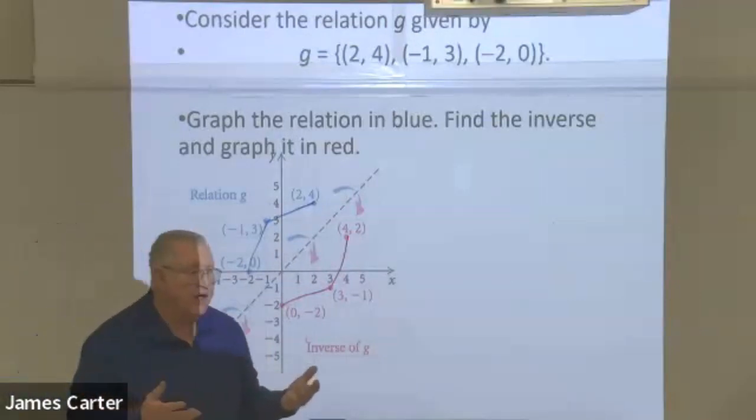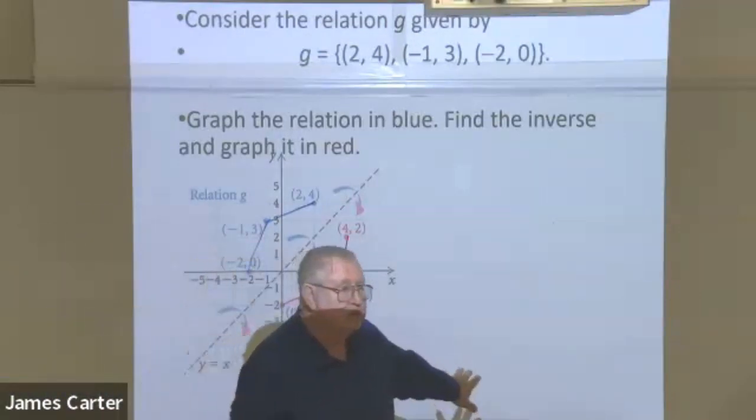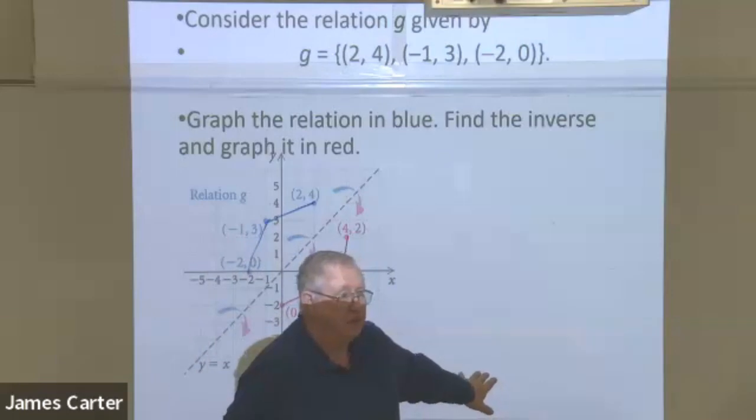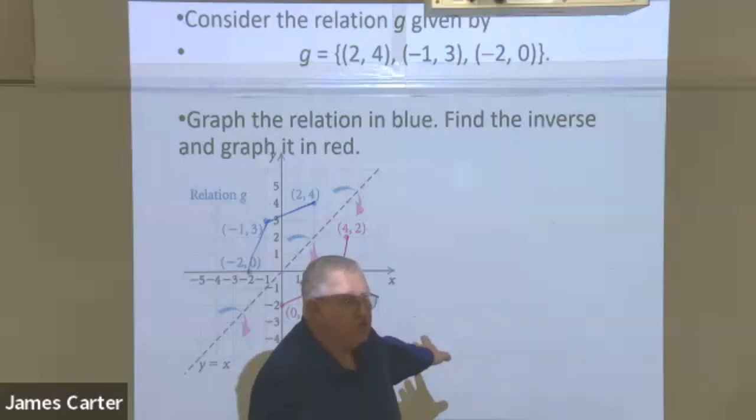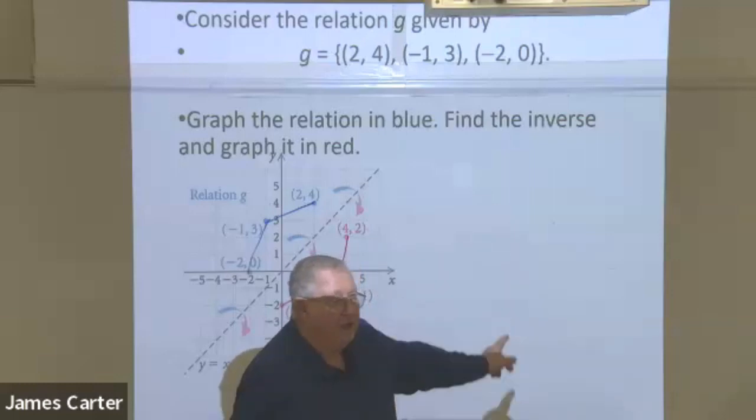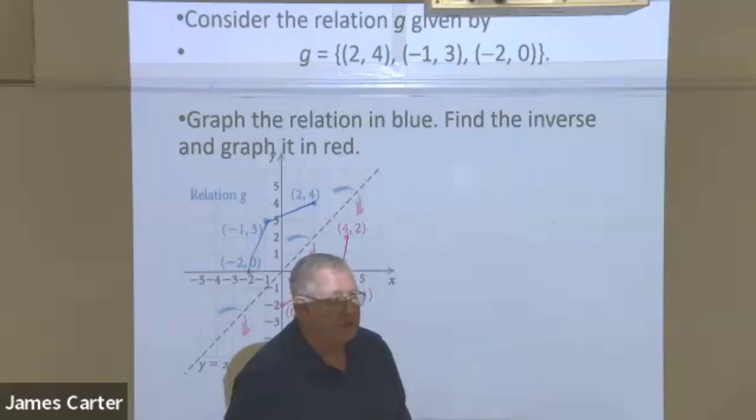Believe it or not, on the final, you will probably have a problem as simple as this one. Okay, they may just draw the line and not even give you the points and say graph the inverse.